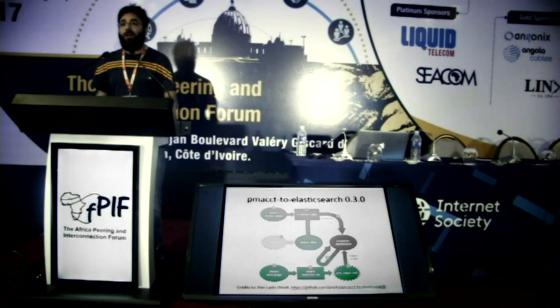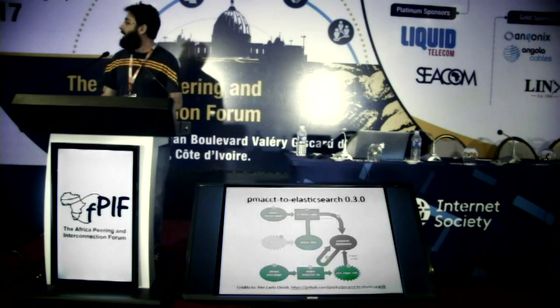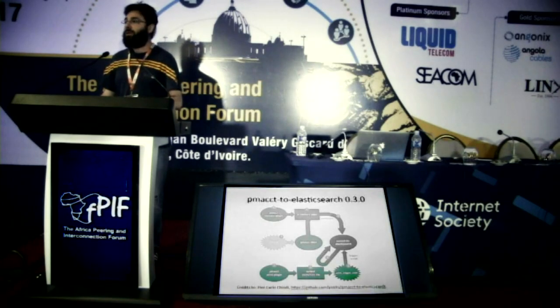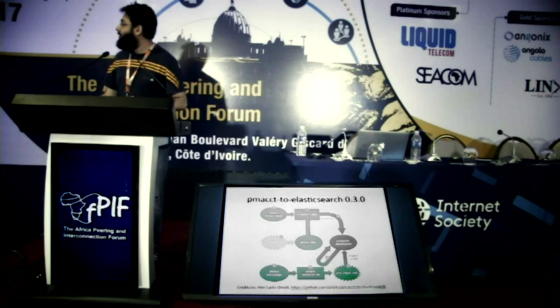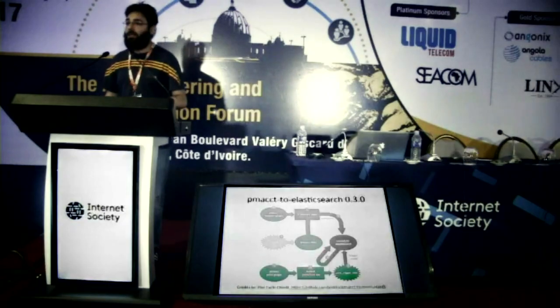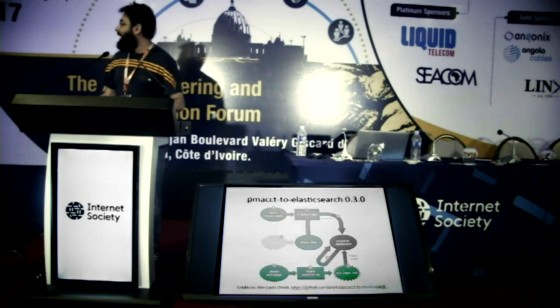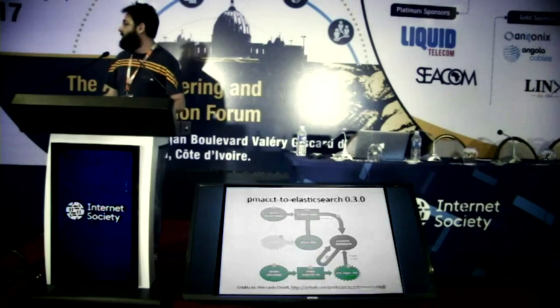It is developed by another Italian guy, Pier Carlo Chiodi, and essentially this project enables you not to go through a broker, but to either use memory or files, right, over here, to ingest the data into Elasticsearch. So instead of going through the broker, you can use either a memory table or a file. The project is also open source and free, and it's on GitHub, and this is the URL on GitHub, so you can check it out if that is of interest.